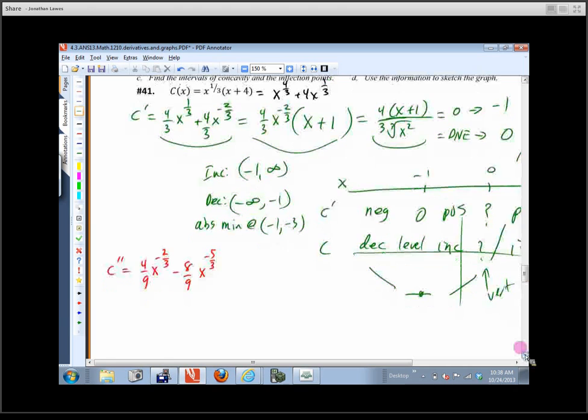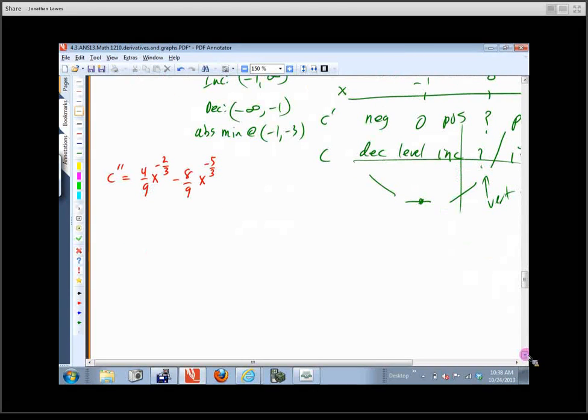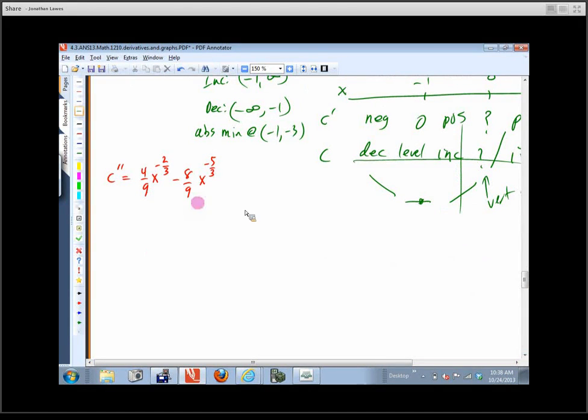Okay. So we're going to take out the smallest exponent, the most negative exponent. I've got a common factor for both of these of 4/9. So I'm going to show the work here. I'm going to divide by 4/9 x to the -5/3. So what I'm pulling out is 4/9 x to the -5/3, and I'm going to write down what's left.